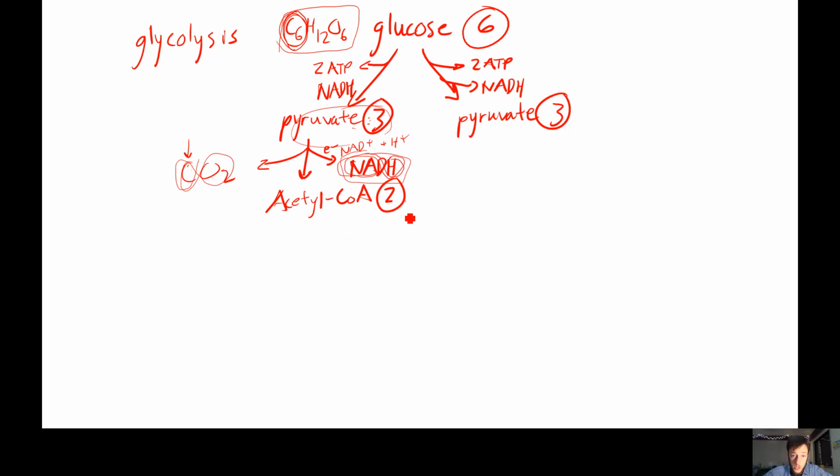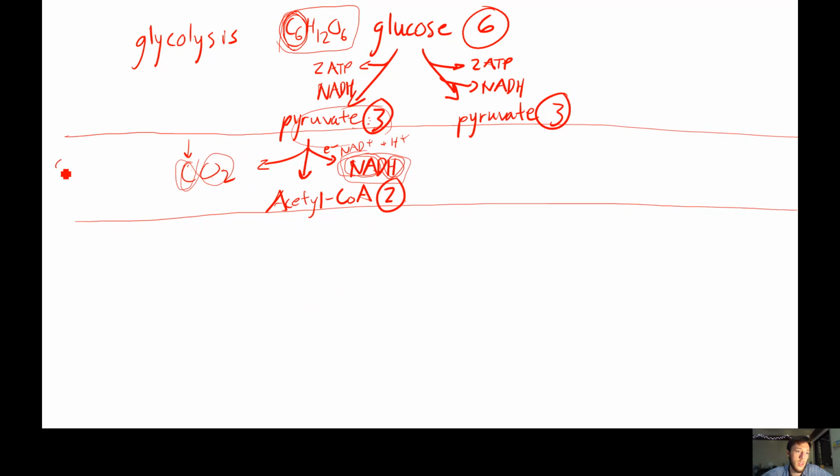Now, once we get to acetyl-CoA, it enters a cycle. And this cycle is going constantly. This is the citric acid cycle. So maybe we'll draw a line right here and right here. This is the oxidation.